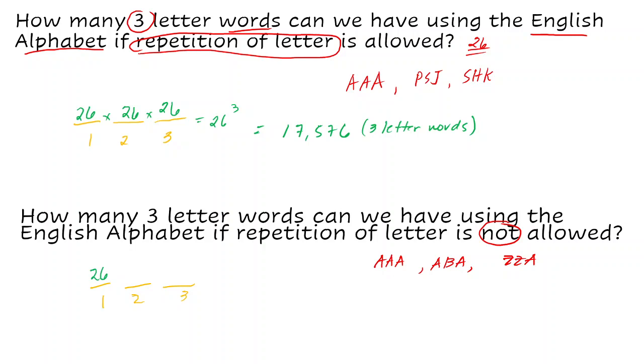Since nagamit na natin yung isang letter dun sa unang letter ng word, ilang letter na lang pwede nating iselect? So, we have 25 and then followed by 24. So, that's simply 26 times 25 times 24. That will give us 15,600.